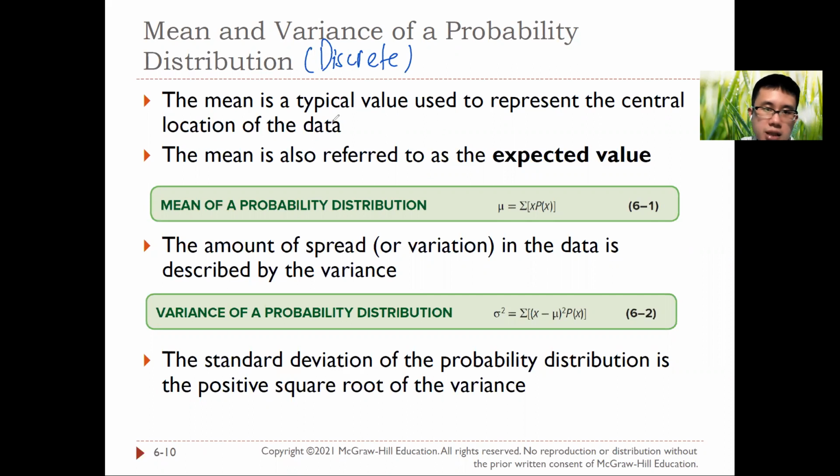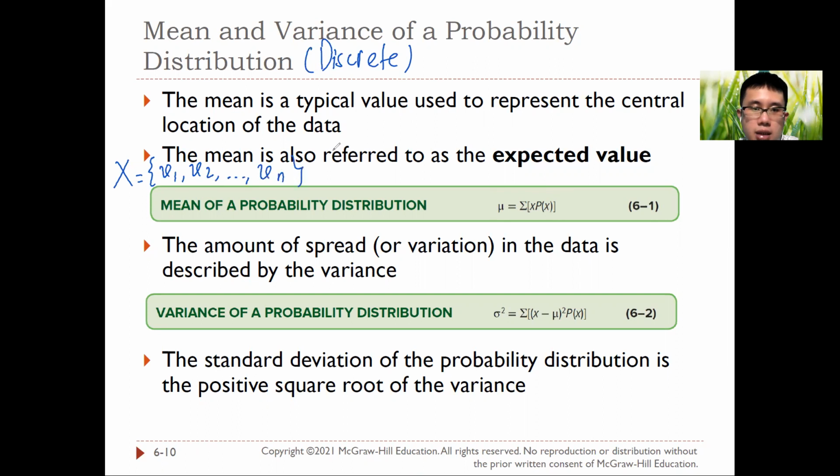Yeah, we start. The first is mean. Mean represents the central location of the data, and it is also referred to as the expected value. The mean of a probability distribution is denoted by mu, and it's defined to be this sigma. But I think I will write another formula. Suppose that the possible values of this random variable are x1, x2 until xn.